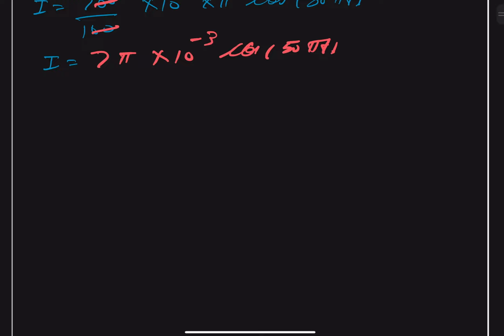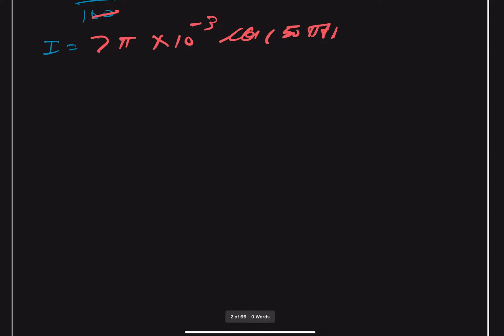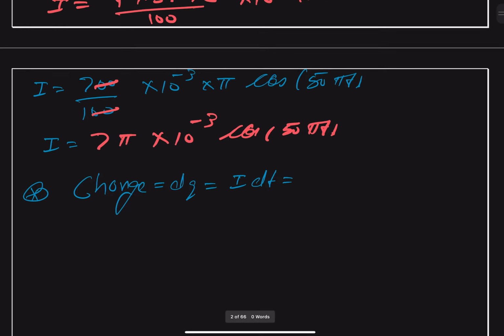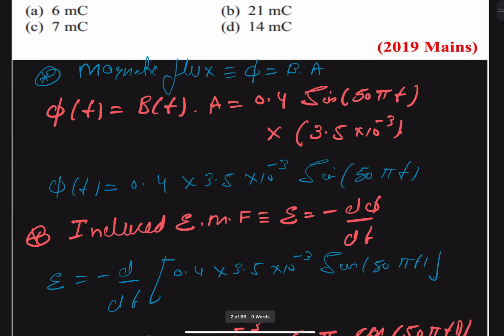Now we have to find out the charge. So charge, we can write, is our dq is equal to I times dt. So you can say charge, which is our dq, is equal to I times dt, and we have to find out the charge from the time 0 to 10 millisecond.